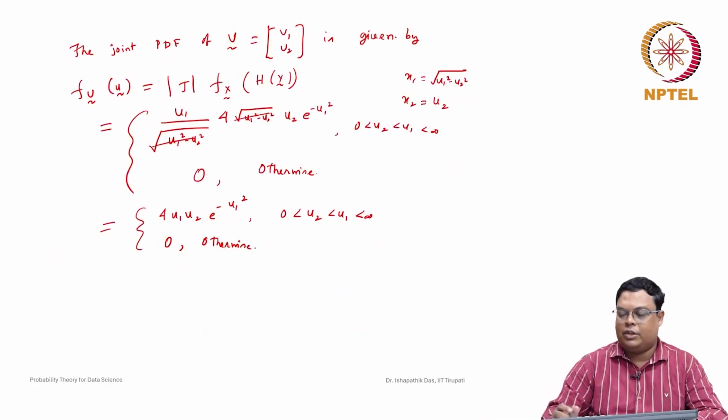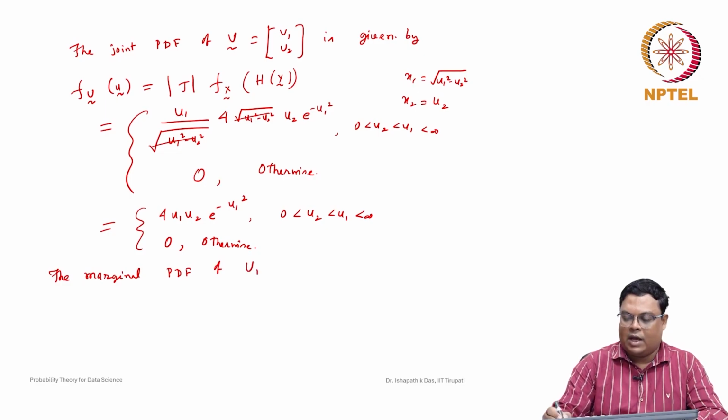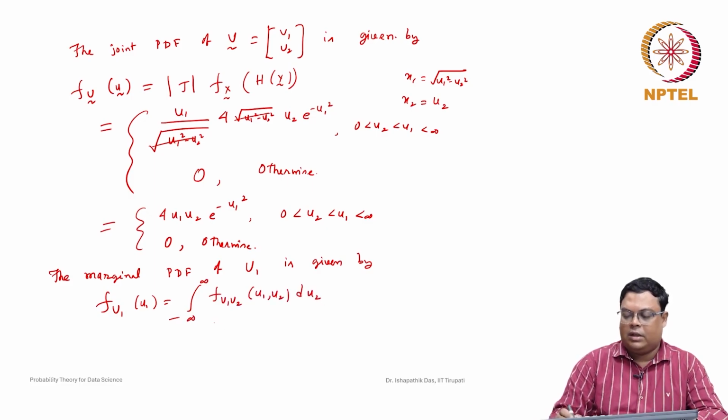Because we found the joint, the marginal probability density function of u1 is given by f of u1, u1, equal to, by definition, the integral from minus infinity to plus infinity of the joint density with respect to u2.